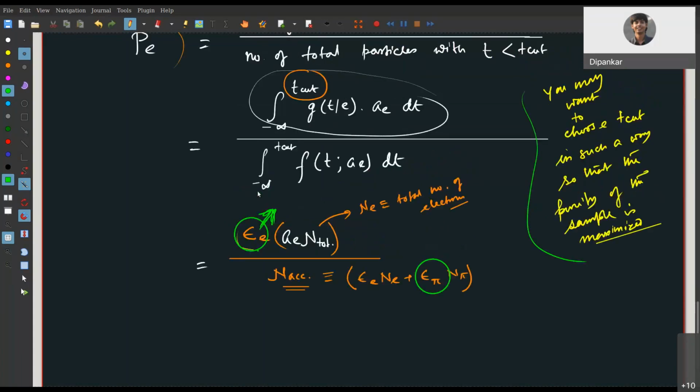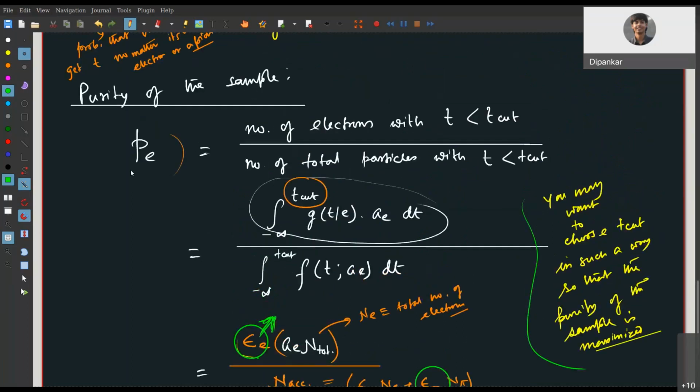How you choose a cut will depend on the nature of the problem that you are working on. I gave you one example where you may want to choose your cut on the test statistic in such a way that the purity of the sample is maximized, and that is a good way to figure out what your cut is.